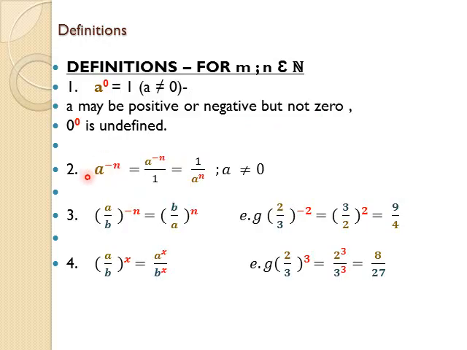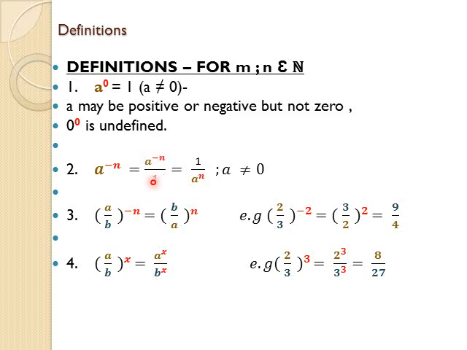Number 2, somehow I've picked up learners still have a problem understanding this. So hopefully between number 2 and 3 you understand. If I have a to a negative exponent n, understand the following. If I write it as a rational number, I can write it as a to the negative n over 1. It is not a negative n over a negative n.